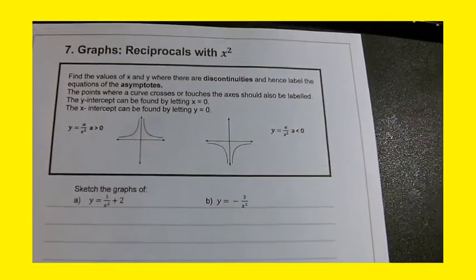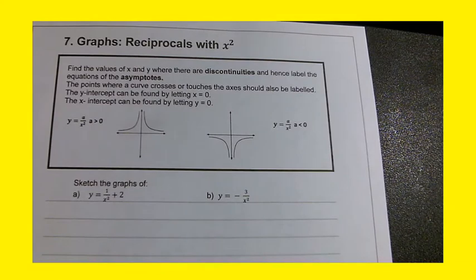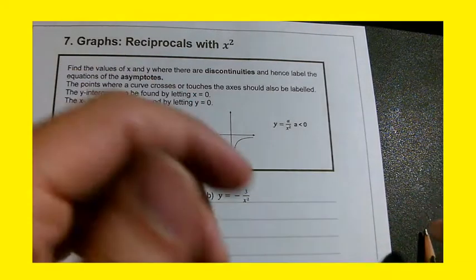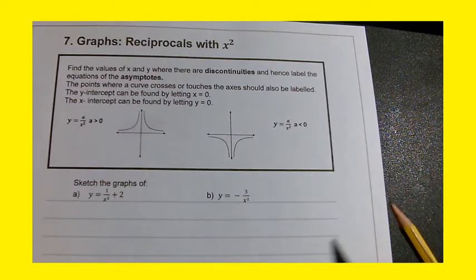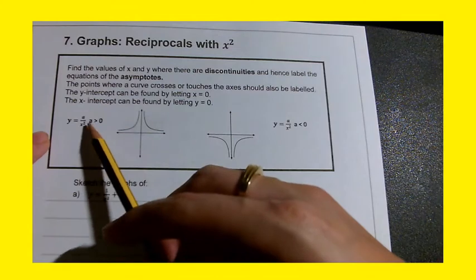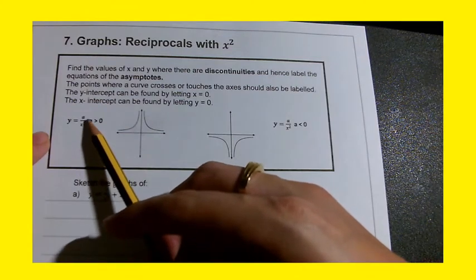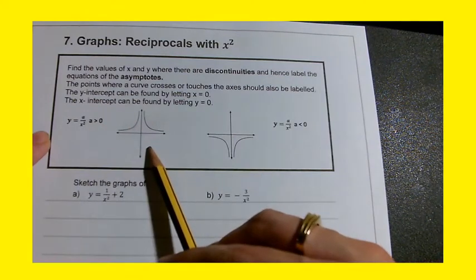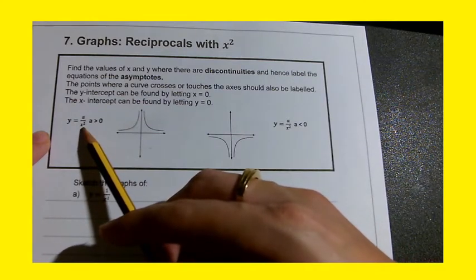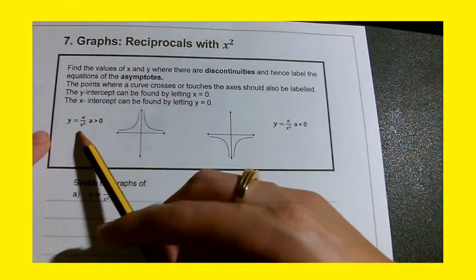Now, the reciprocal graph with x squared is not too much of a jump from the reciprocal graph 1 over x. So if you've got 1 over x squared, then why does the graph look like this? Well, any x value, you square it and then you do the number divided by that.